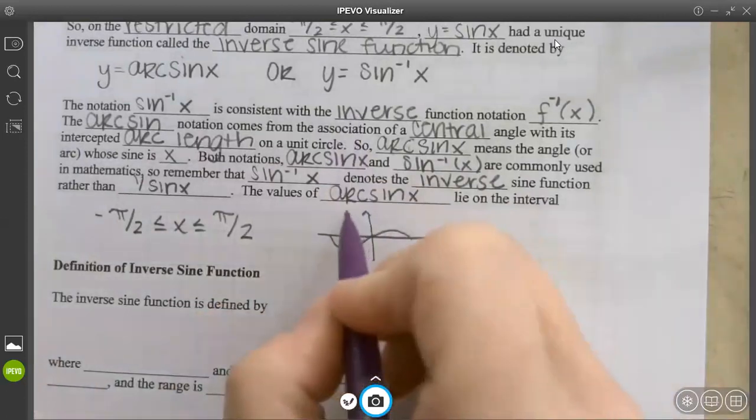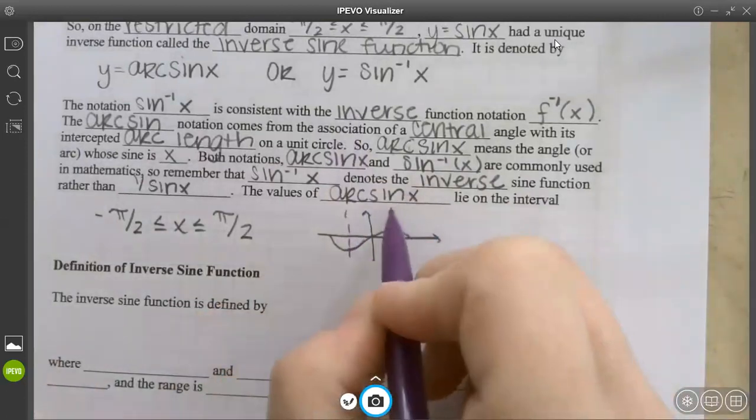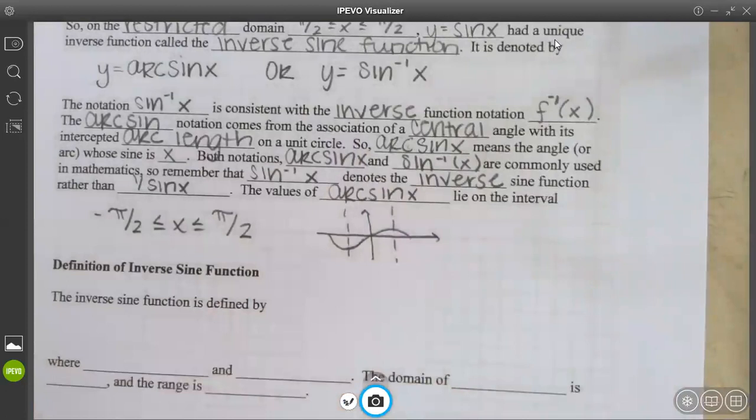So if we have our sine curve, it restricts it basically from your maximum to your minimum. All right, so that's just giving you background of what arc sine and the sine inverse are. Same thing. Arc sine and sine inverse are the same thing.